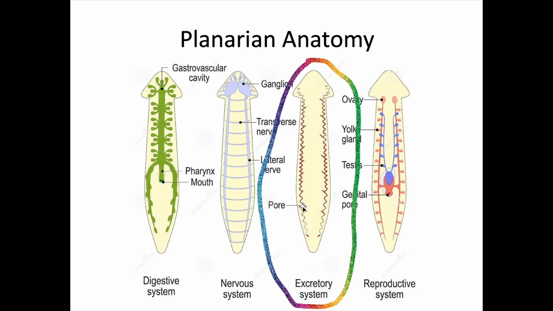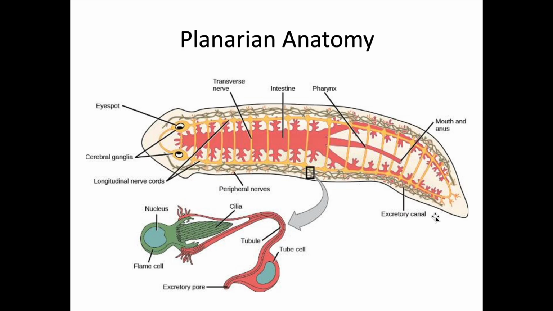This excretory system is powered by, moving on to a, sorry for all the details here. Oh, we got the googly eyes, eye spots, but I wanted to emphasize these flame cells, which are located near these pores. I guess someone thought that this looked like a torch, the cilia here, that's why they're called flame cells. Anyway, they power the excretory system, sending wastes out through these excretory pores.